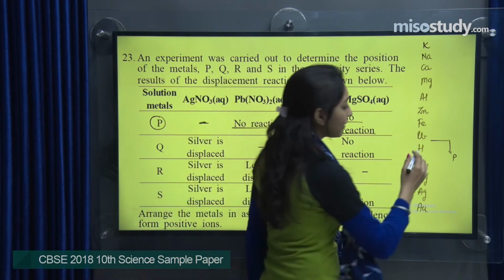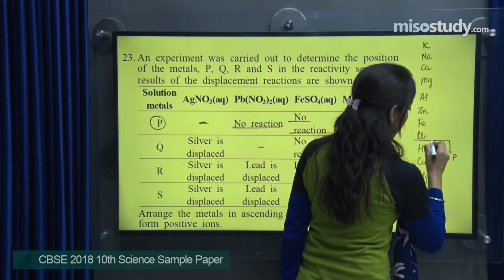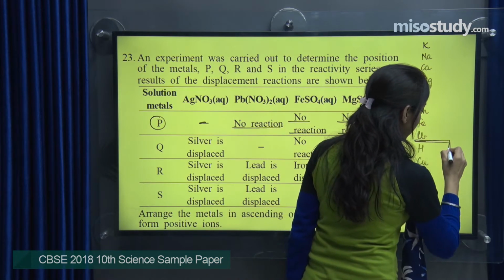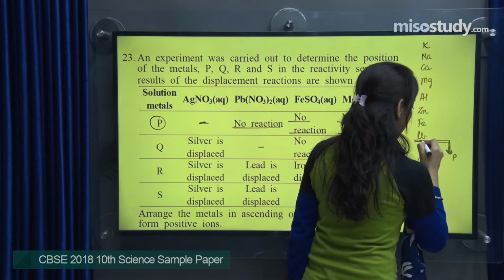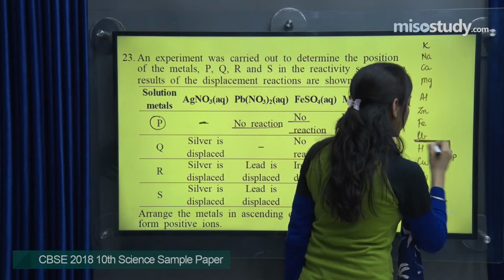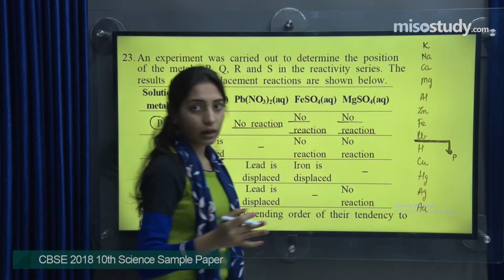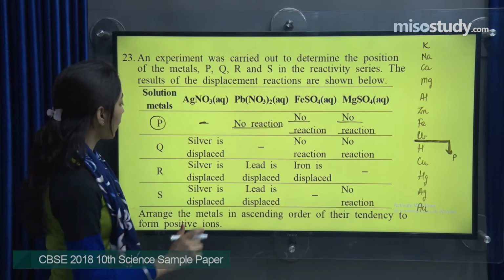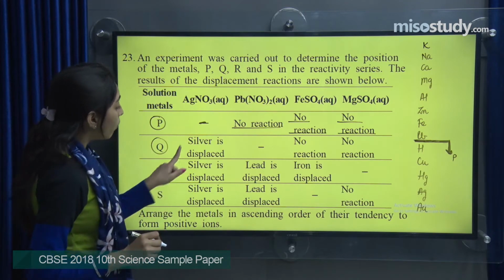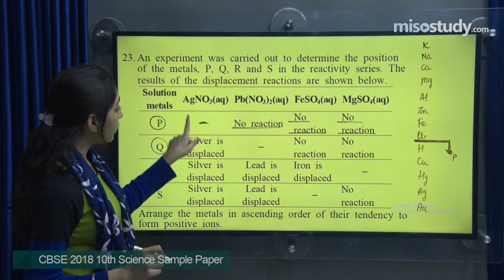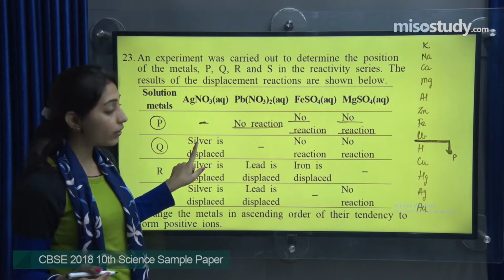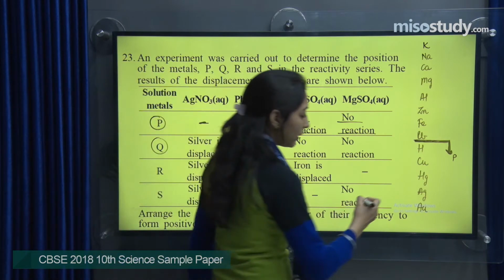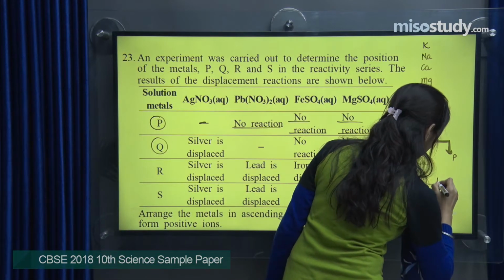So P will be lying somewhere here, below lead. So this is the best way to do this question rather than just assuming things. Moving on to Q. When Q is added to AgNO3, you will find that silver is displaced. So Q must be lying here.